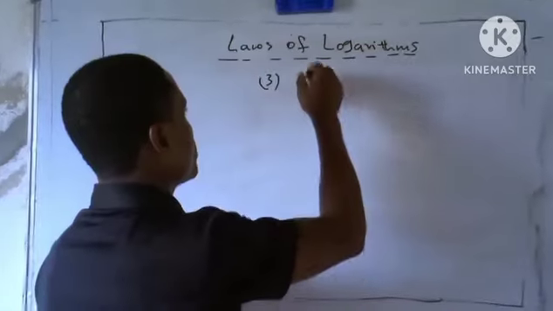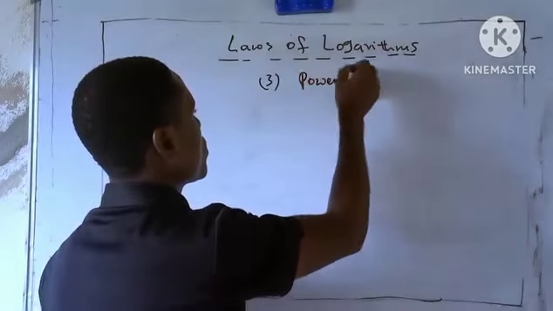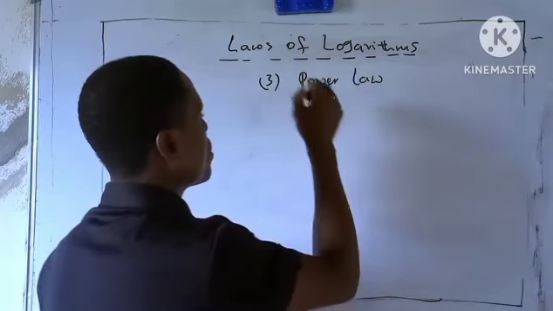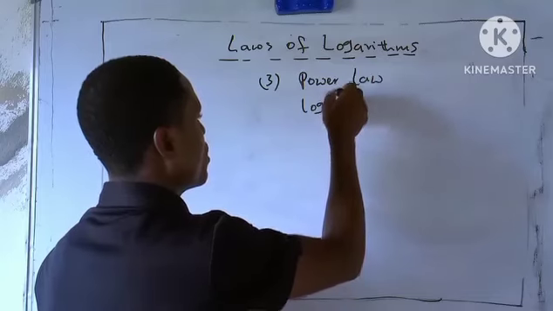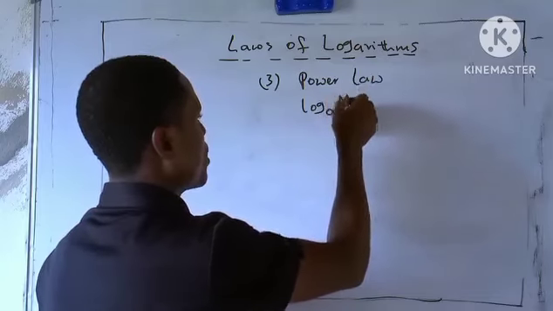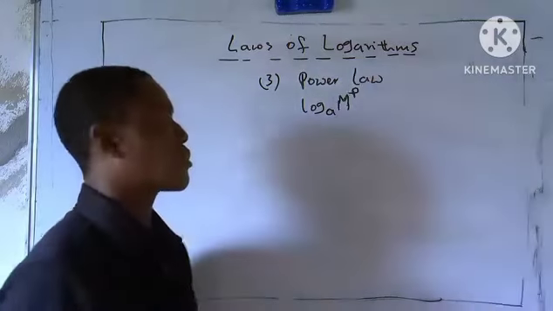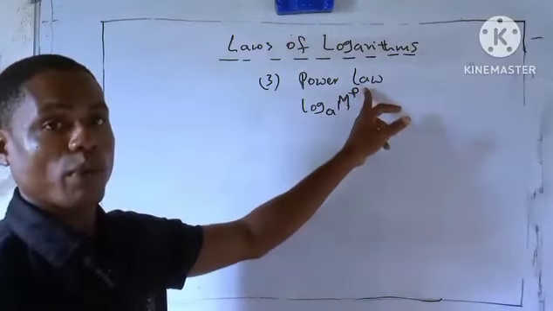So the third law is the power law. Let's say we have log base a raised to power m exponent p. Okay, this one is log a of m raised to power p.